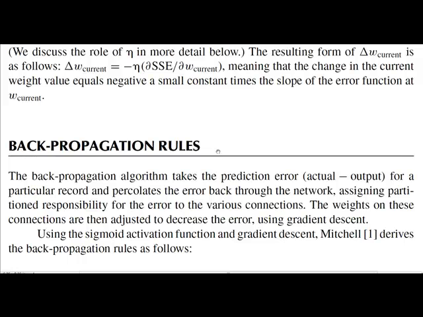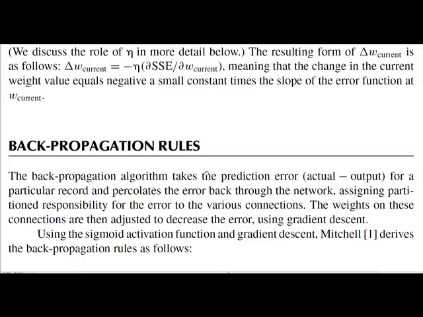So there was some error, and we want to spread the responsibility for that error throughout all the different connections, or basically throughout all the different weights. The weights on these connections are then adjusted to decrease the error using gradient descent.